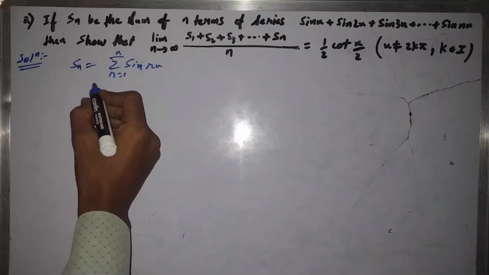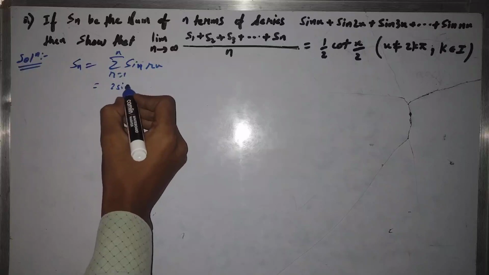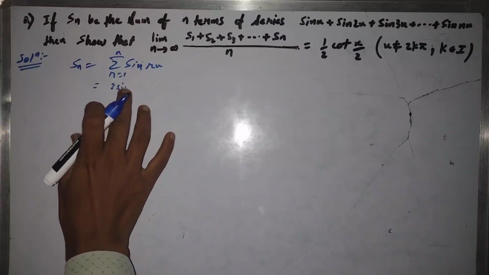Because the angles are in AP with the common difference x, what we can do is multiply by 2 sine x by 2 in the numerator and denominator.